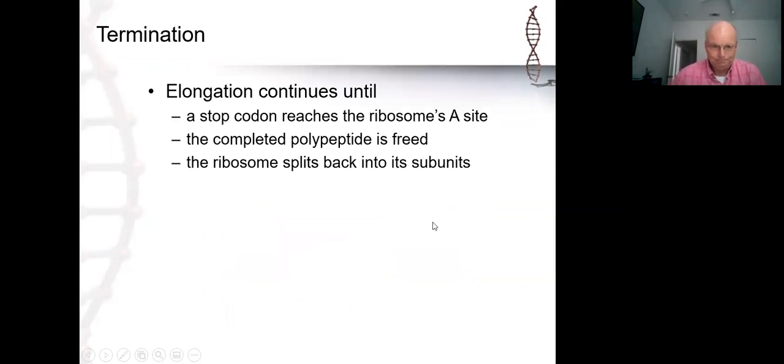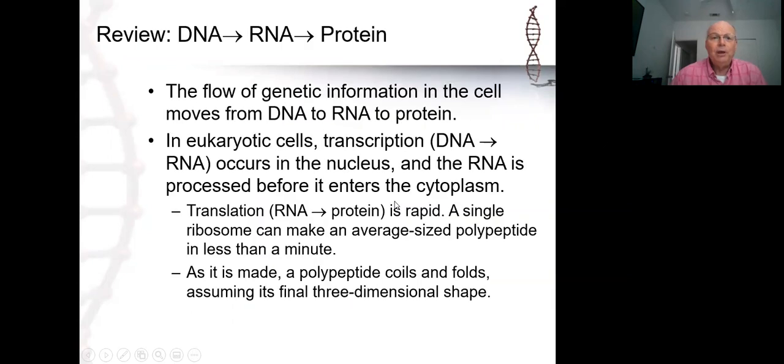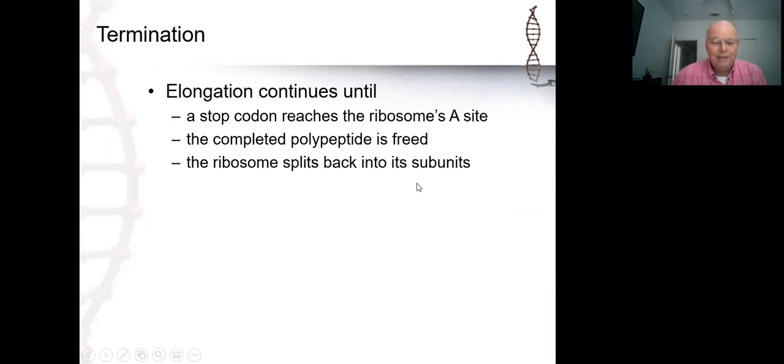So when the stop codon occupies the A site, and I don't have a diagram for this, a signal is sent via what is called a release factor. That release factor actually drops into the A site because of the presence of the stop codon. That triggers the release of the polypeptide from the tRNA in the P site. And so the polypeptide is now free and goes off to do its thing.